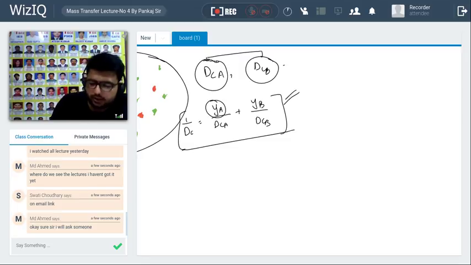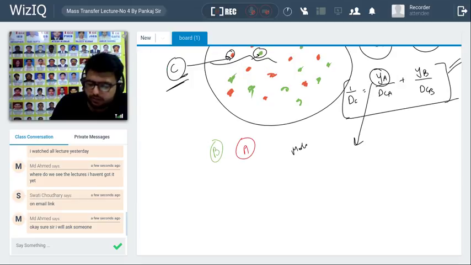Now YA is what? YA is equal to the mole fraction of A in the mixture of A and B, because this is a mixture.